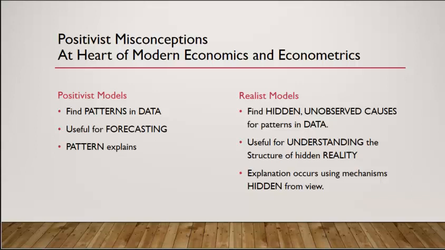That is a pattern in the data. If there's a strong pattern, you have a regression line. If there's a weak pattern, then you say the relation is not there. So what is it good for? It's useful for forecasting, and it's good for explanation. You see, these two variables move together, so if I move one of them, the other one will move correspondingly. That is what econometrics is all about.